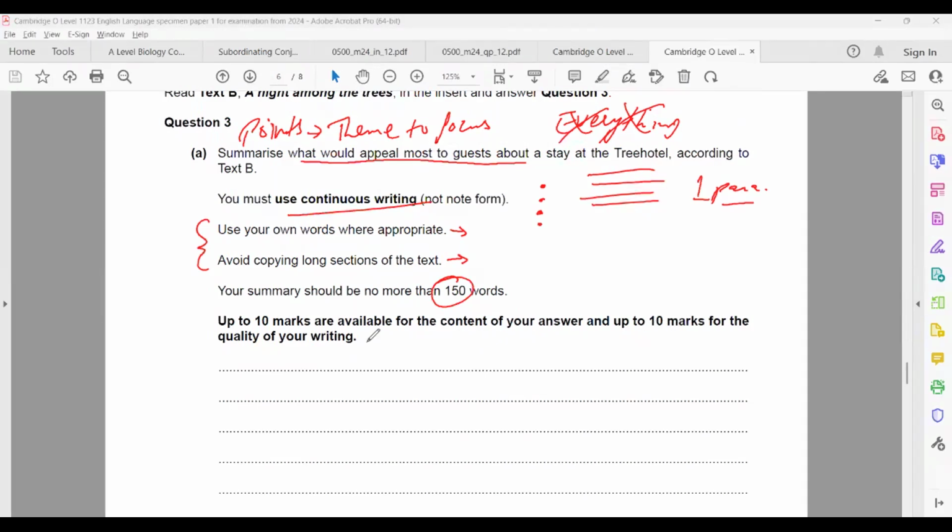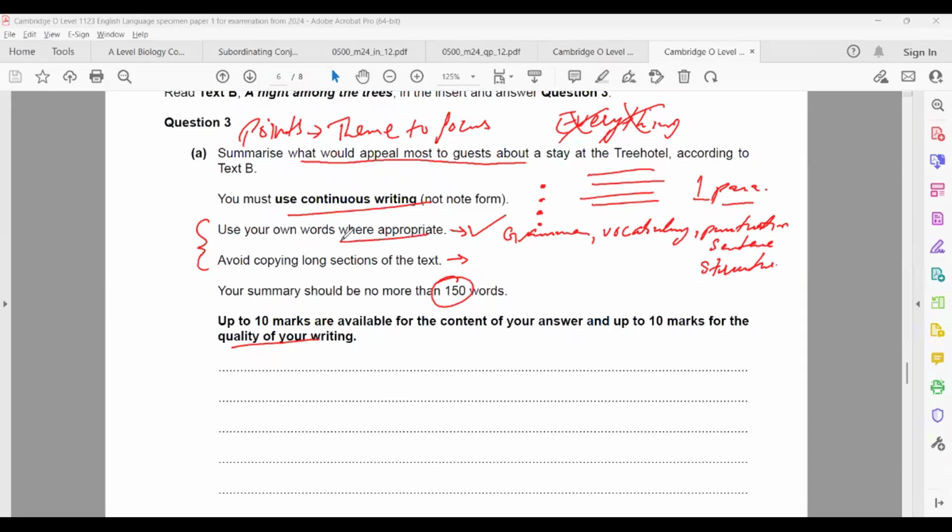The quality of your writing, those 10 marks, are for using your own words and writing properly: the grammar, the vocabulary you're using, the punctuation, the sentence structure. All of that goes in.